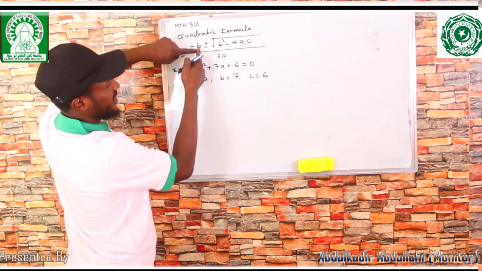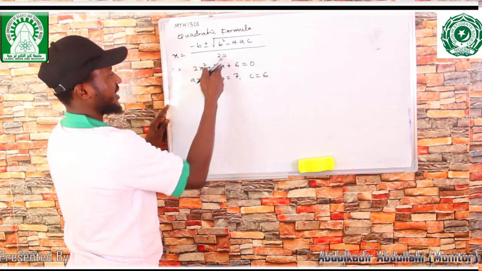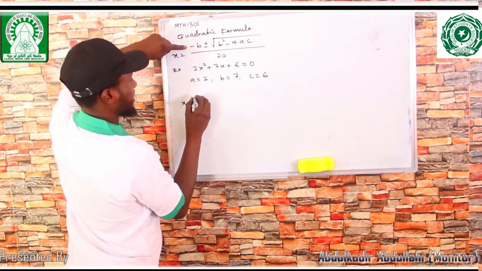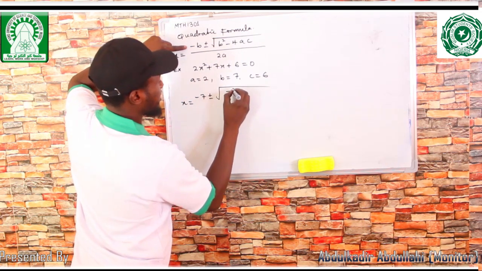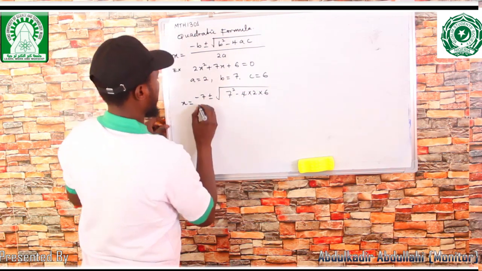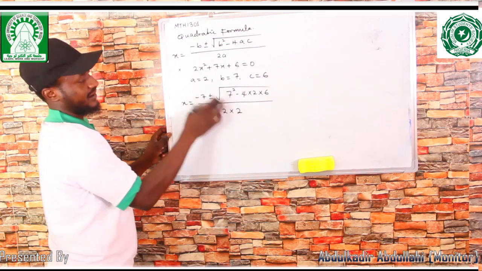Just come to your formula. Where you see b, you write 7. If you see c, you write 6. And if you see a, you write 2. So x is equal to minus b, that's minus 7, plus or minus root of b squared, 7 squared, minus 4 times a times c, all divided by 2 times a. Our a is 2.